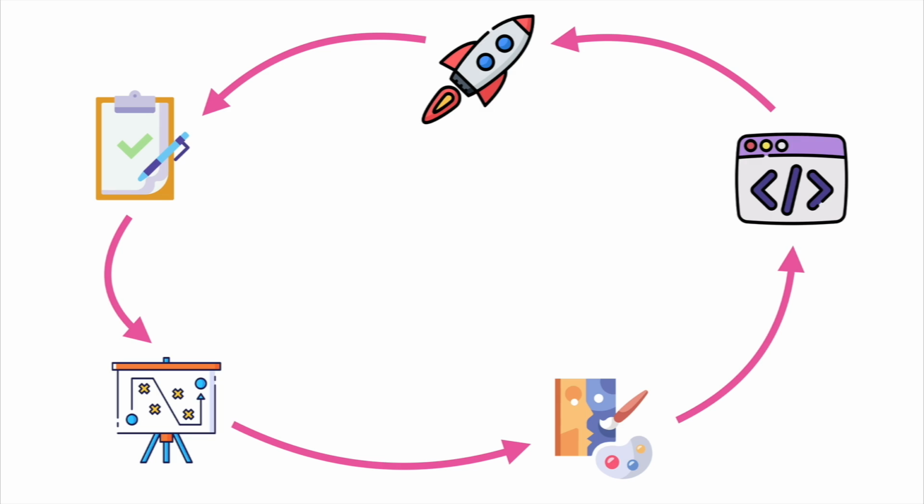You can start planning again, designing again, developing again, and launching again so that you get better and better insights. You improve the product over and over. And this whole process continues. You can never really finish a product because a product can always be improved.